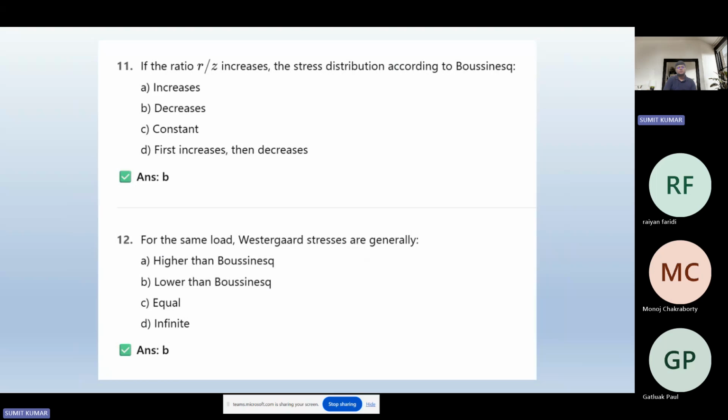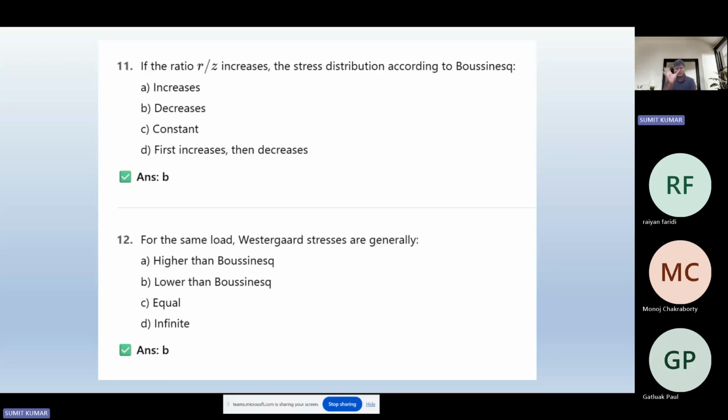The next two problems: if the ratio r by z increases, the stress distribution according to Boussinesq increases, decreases, stays constant, or first increases then decreases. As the r by z value increases, r by z is in the second term, next to Q by z².